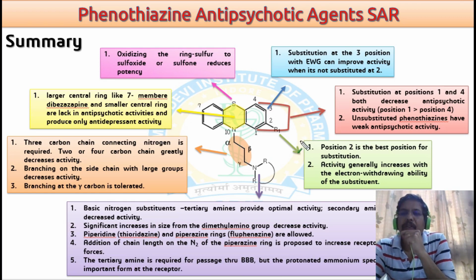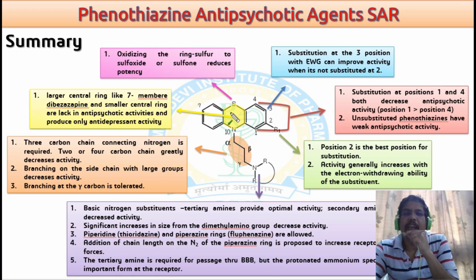If you look at the second position, generally it is best for improving neuroleptic or antipsychotic activity. The nature of substitution at this position is favored by an electron withdrawing group with lipophilic character.